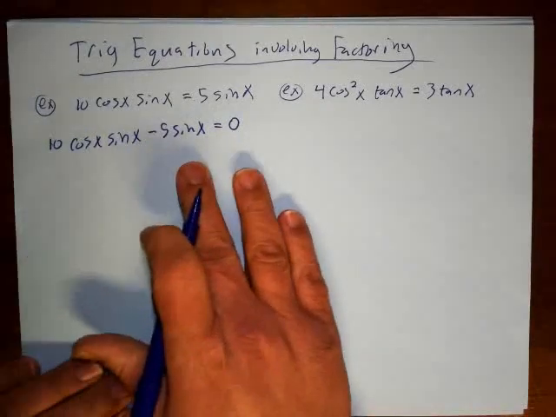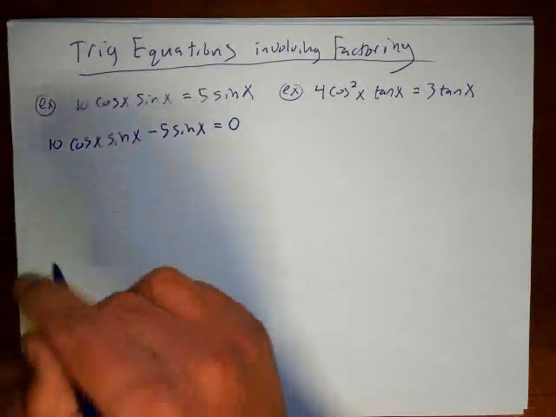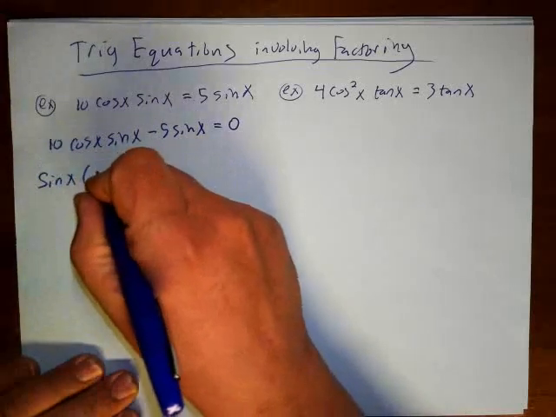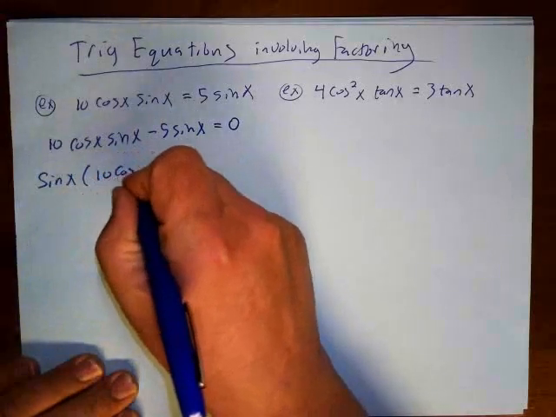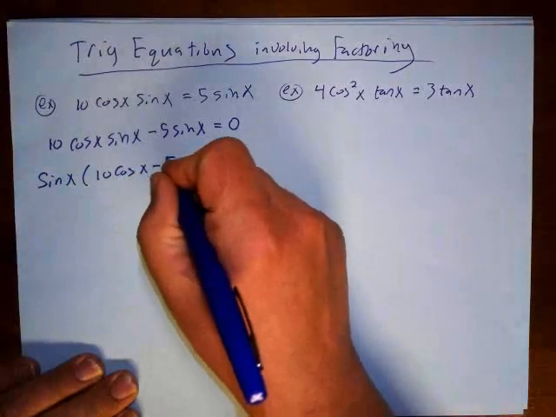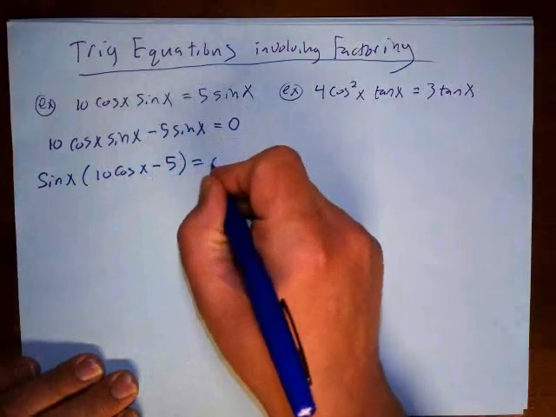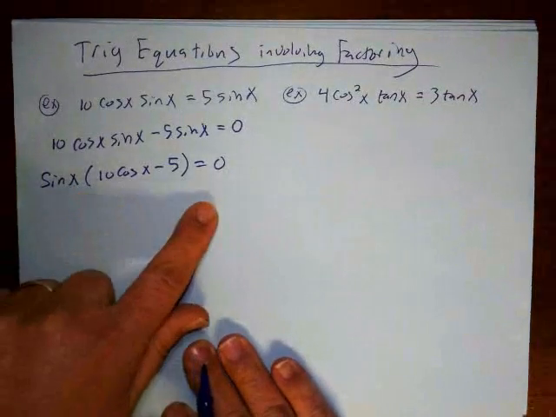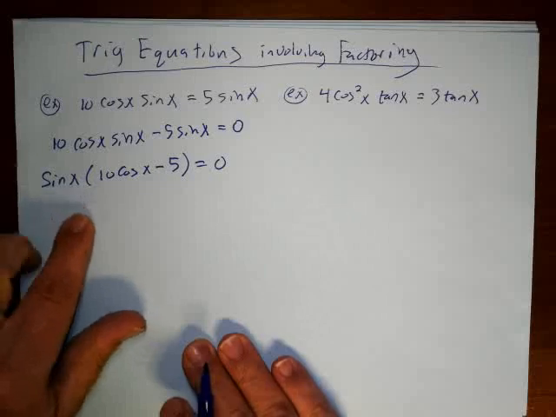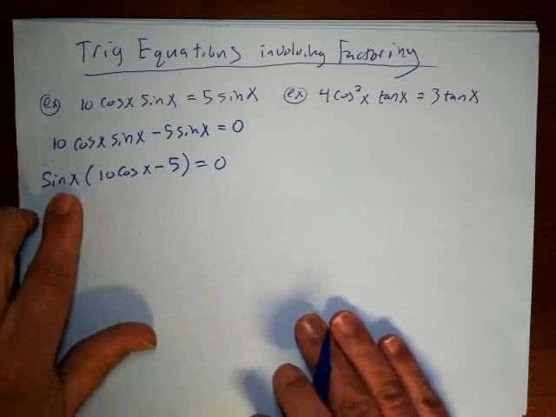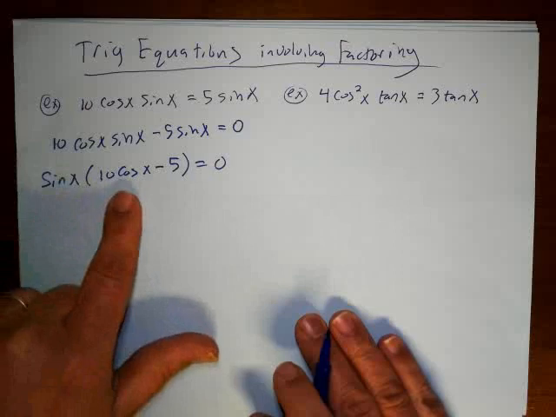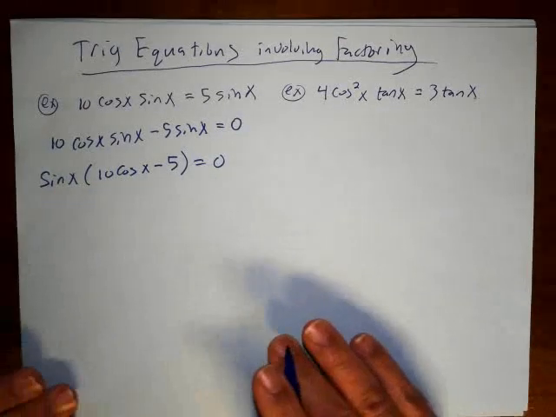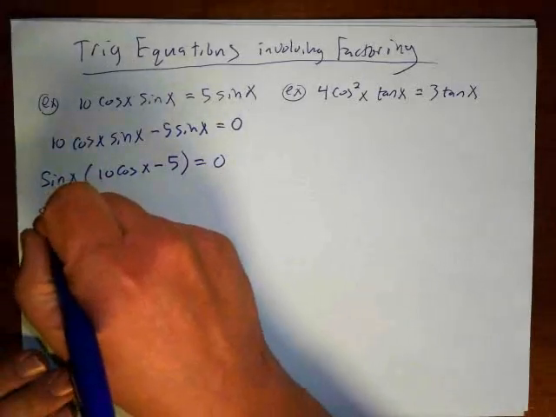And now you see I got a sine x in both terms, so I can factor that out. And by factoring, I now have these two factors equal to 0. So either the sine of x has to equal 0 or 10 cosine x minus 5 has to equal 0.